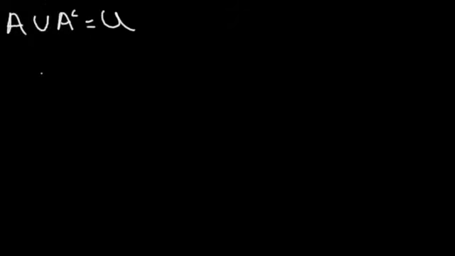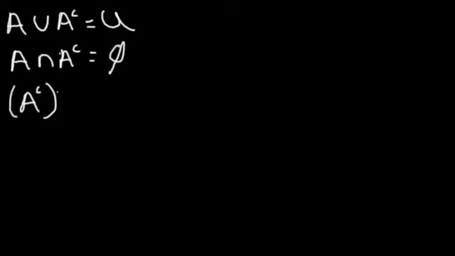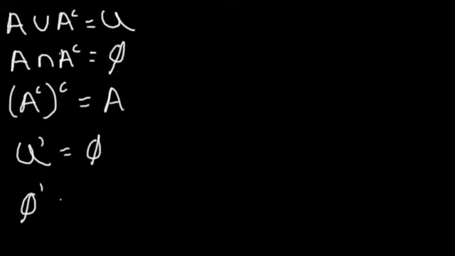It also says that A intersect A complement is equal to empty set, and the complement of A complement is equal to A. At the same time, the universal complement is equal to empty set, and empty set complement is equal to the universal set.